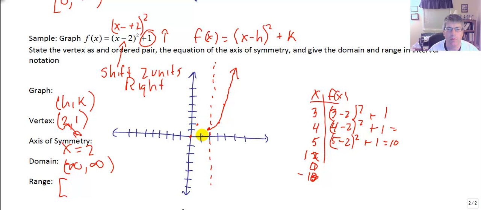And when I input 0, I will output 5. And now I've got the graph of my parabola. So my range, of course, is everything above. All my y's are above 1. So I'm going to include 1 and then go to positive infinity.